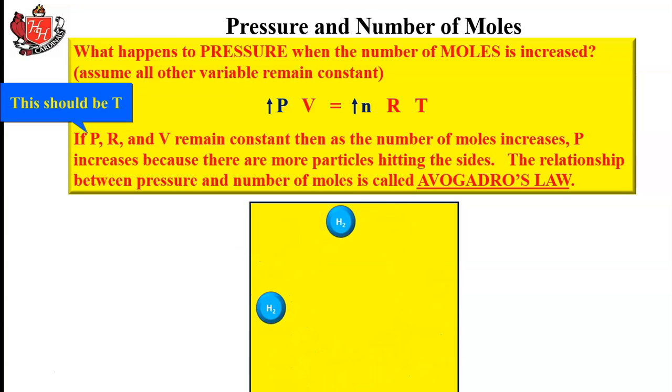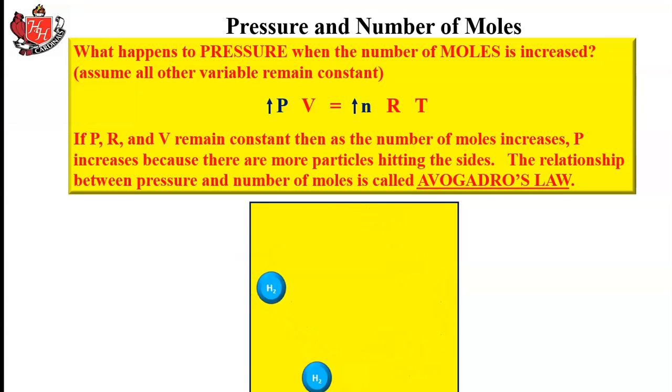So if P, R, and V remain constant, then as the number of moles increases, P increases because there are more particles hitting the side. So instead of just having one particle hitting the side, you have two particles hitting the side, and that means they're hitting twice as often. If you put 3 times as many particles in, they'd hit 3 times as often, and that would mean the pressure would triple. So the relationship between pressure and number of moles is called Avogadro's law.